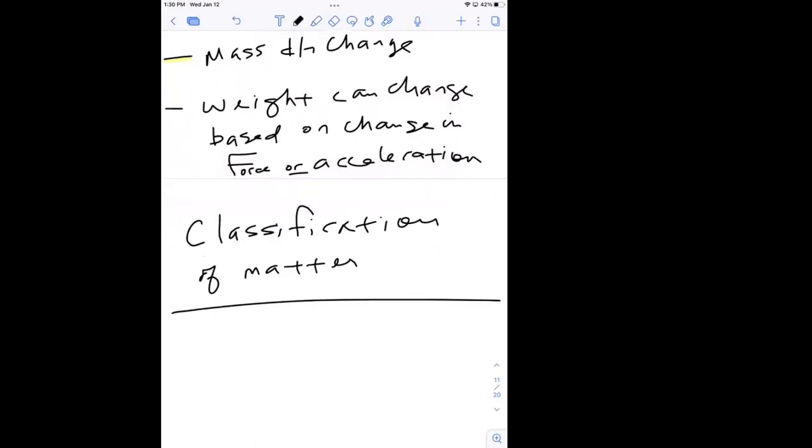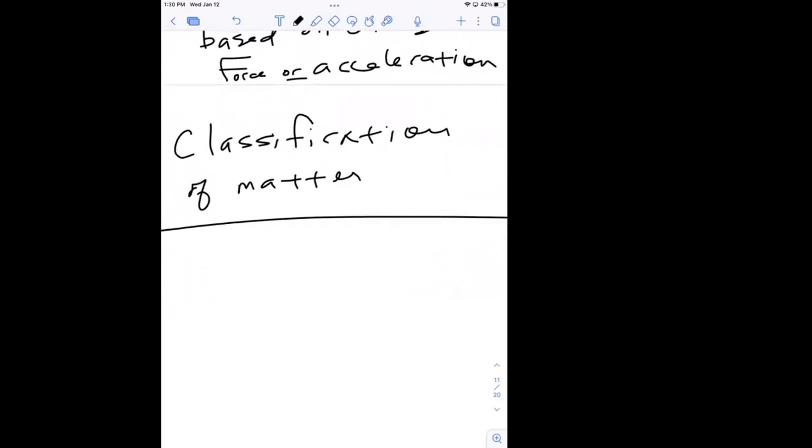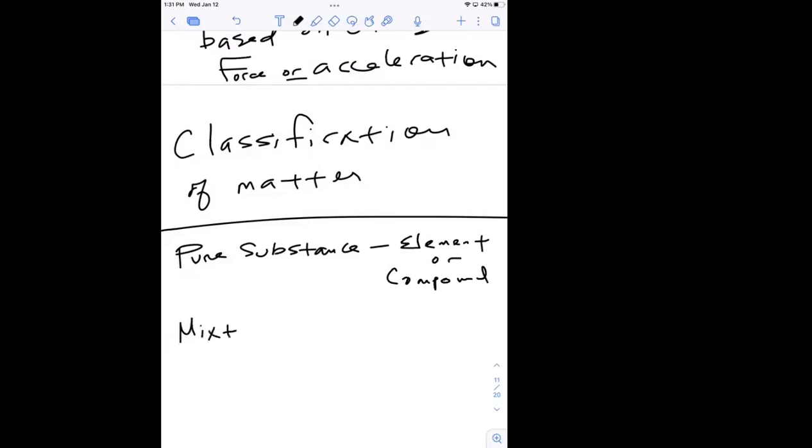So when we talk about classifications of matter, we are dealing with two different classifications. Matter is either going to exist as a pure substance, and that can be an element or compound, which I'm going to explain, or it can be a mixture.